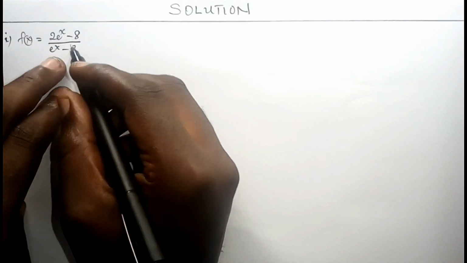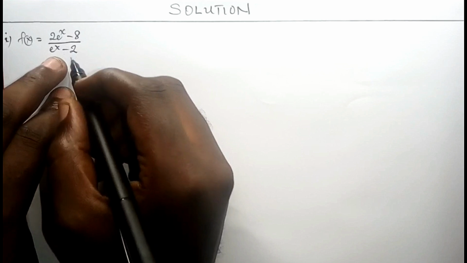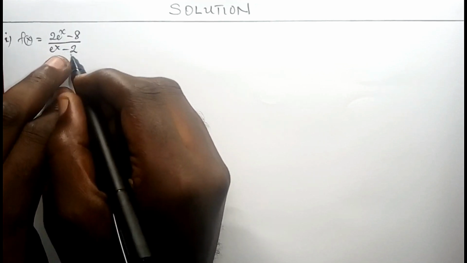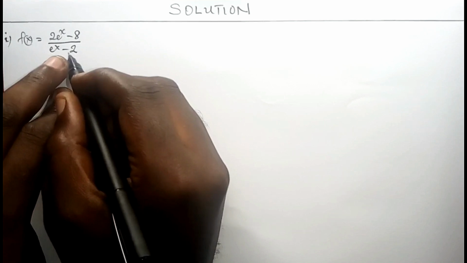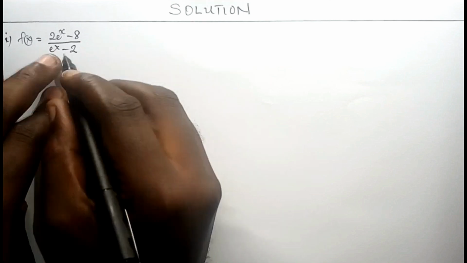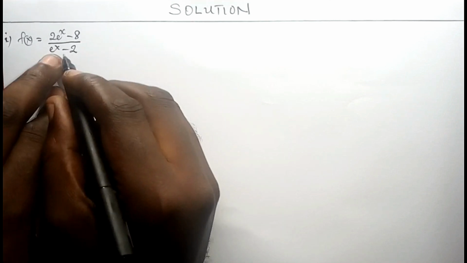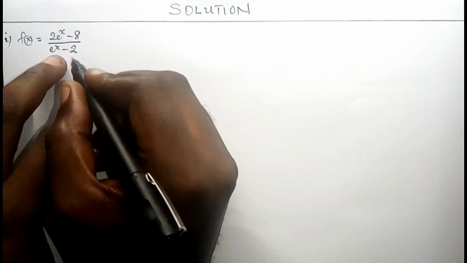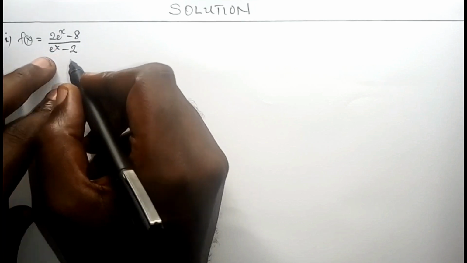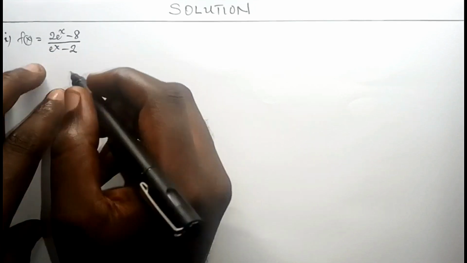If it has to be defined appropriately, the denominator should never be 0. When it is 0, the function will be undefined. So we simply get the value of x that makes the denominator 0 and then exclude it from the set of values that the function can take, which now gives us the domain.